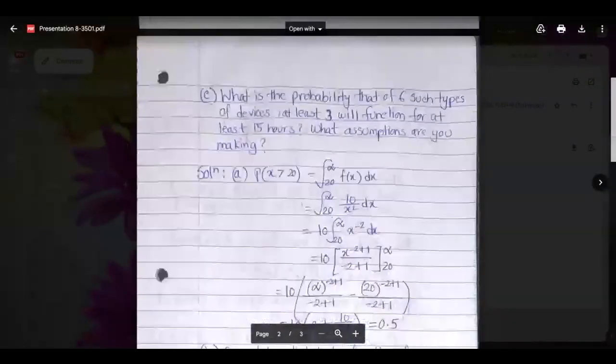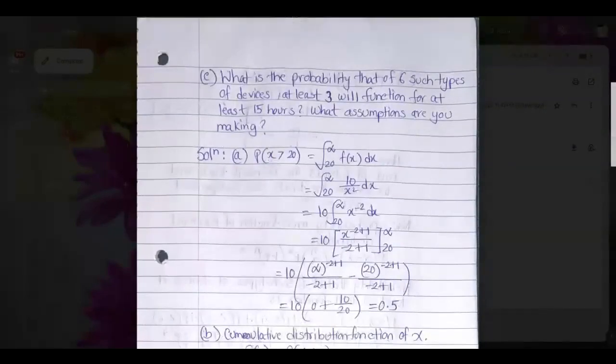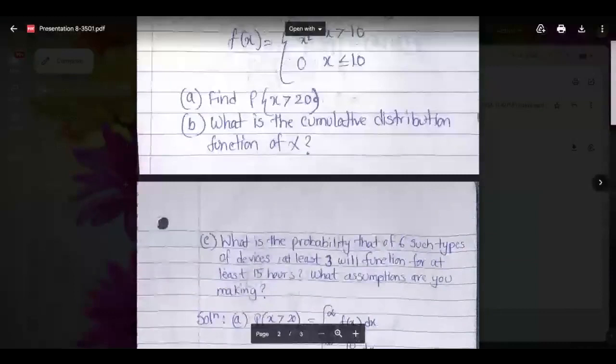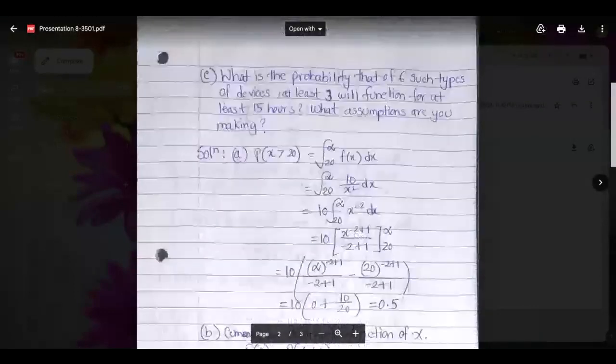So for part A, to find the probability that x is greater than 20, we take the integral where the upper limit is infinity and the lower limit is 20 of f(x) dx. You have f(x) given as 10 over x squared.